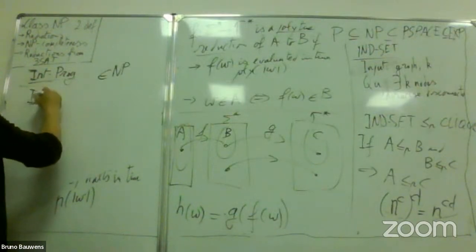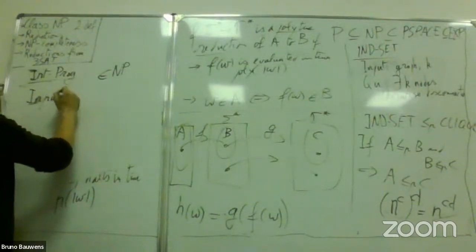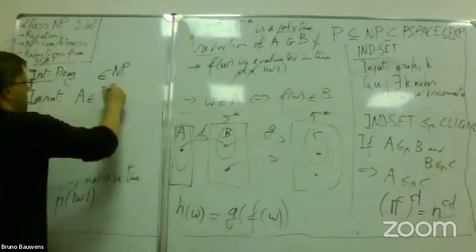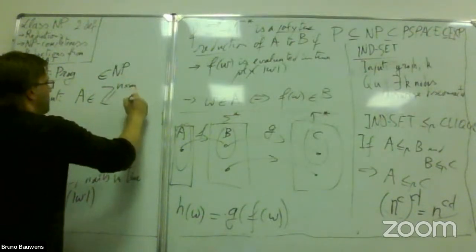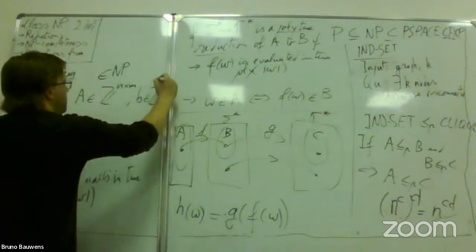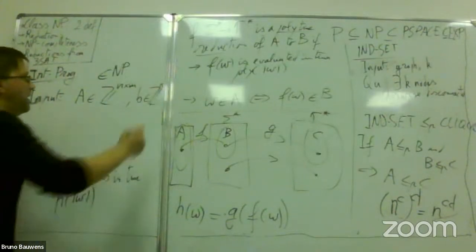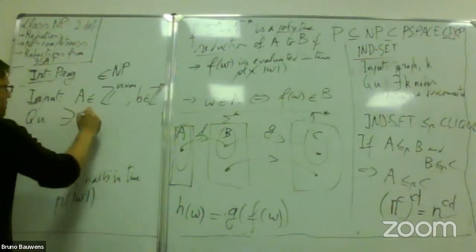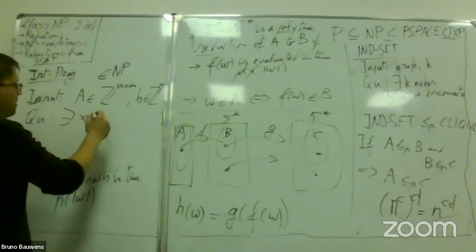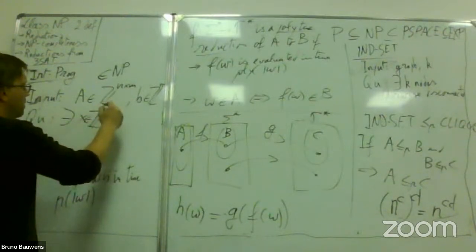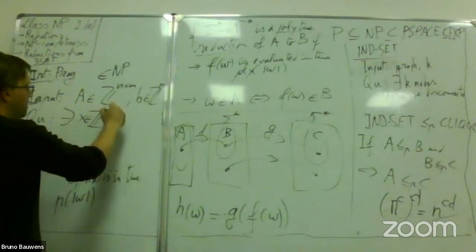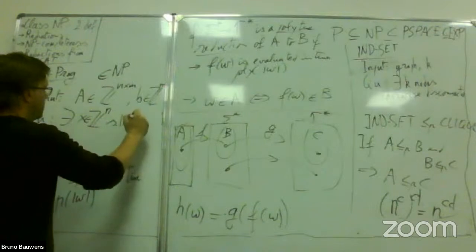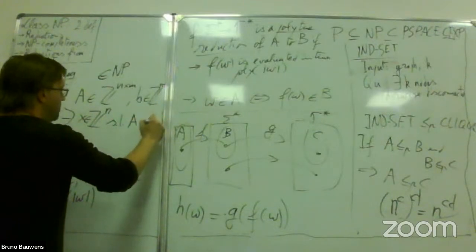The input is A in Z^(n times m) and B in Z^n. And the question: does there exist an X such that AX equals B?